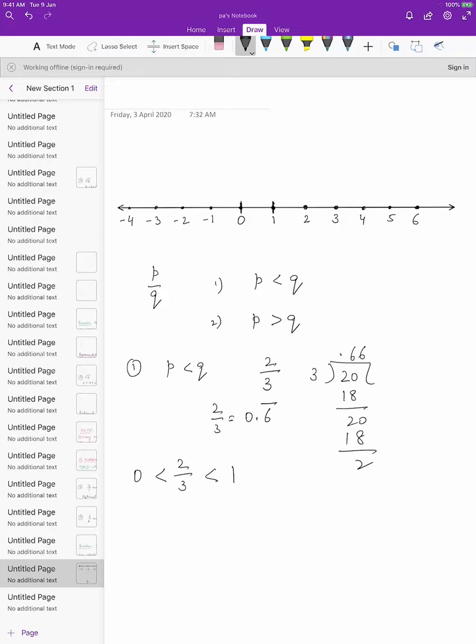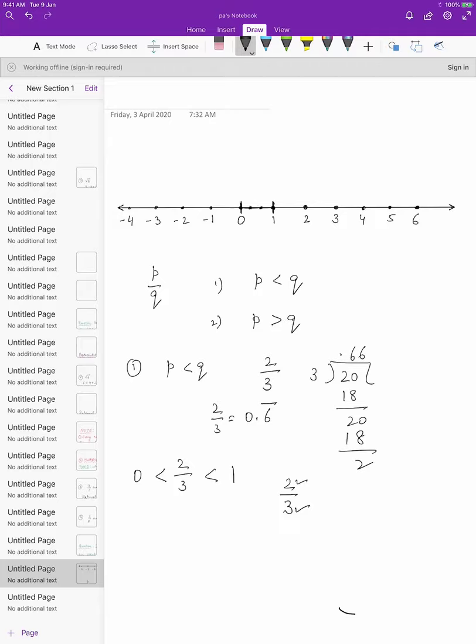Now exactly where it is going to lie. So 2 by 3 means I can read 2 by 3 as 2 out of the 3 parts of which place? The portion between 0 and 1. It means first I want to divide the space between 0 and 1 into 3 equal parts, and that can be done by putting 2 dots.